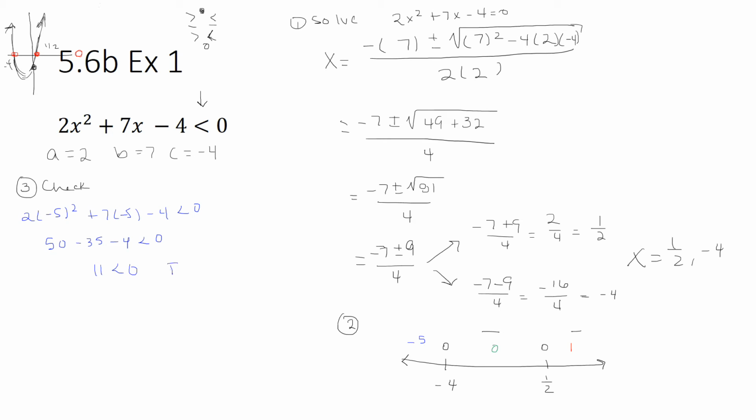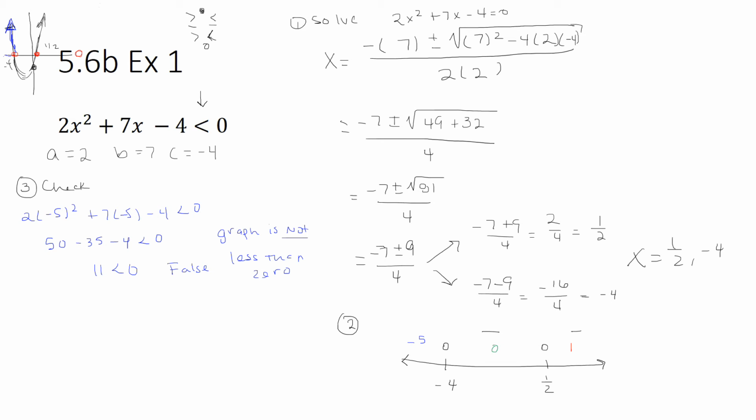Well, that doesn't make sense, right? That's a false statement. So what that means is that to the left of -4, so in this region over here, the graph is not less than 0. And that makes sense, right? If you look at your graph over here in the corner, to the left, I mean the values for x, right?